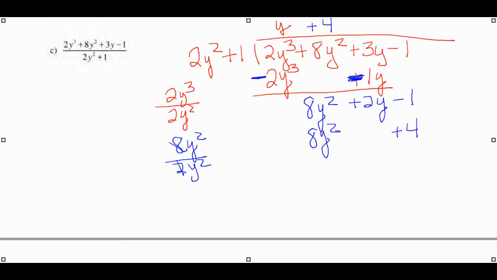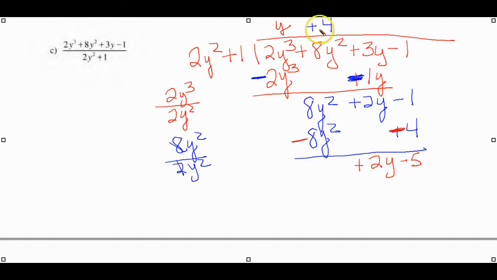Now when we put our line, we're going to change our signs. This becomes negative, and this becomes negative. Now that cancels out, and we end up with plus 2y minus 5. And that's our remainder, because we can't go any more.